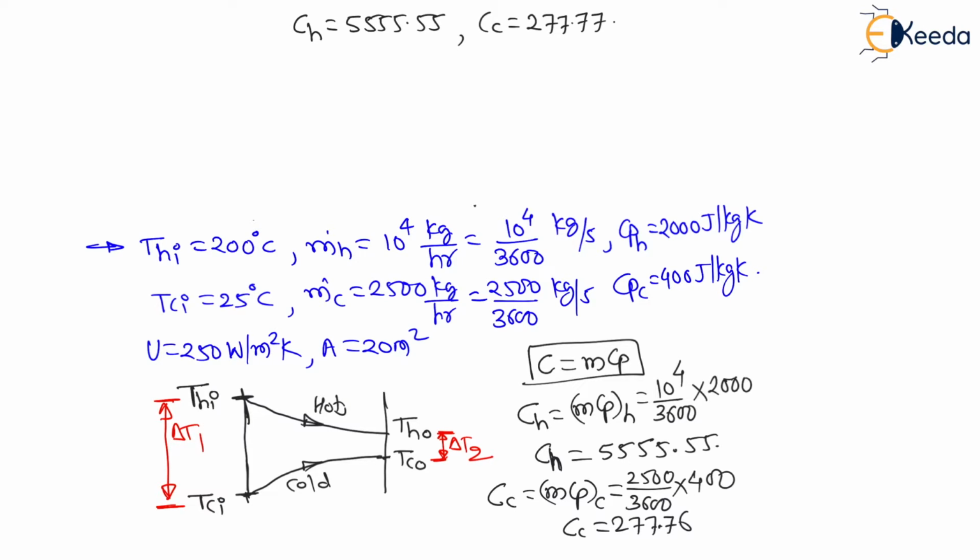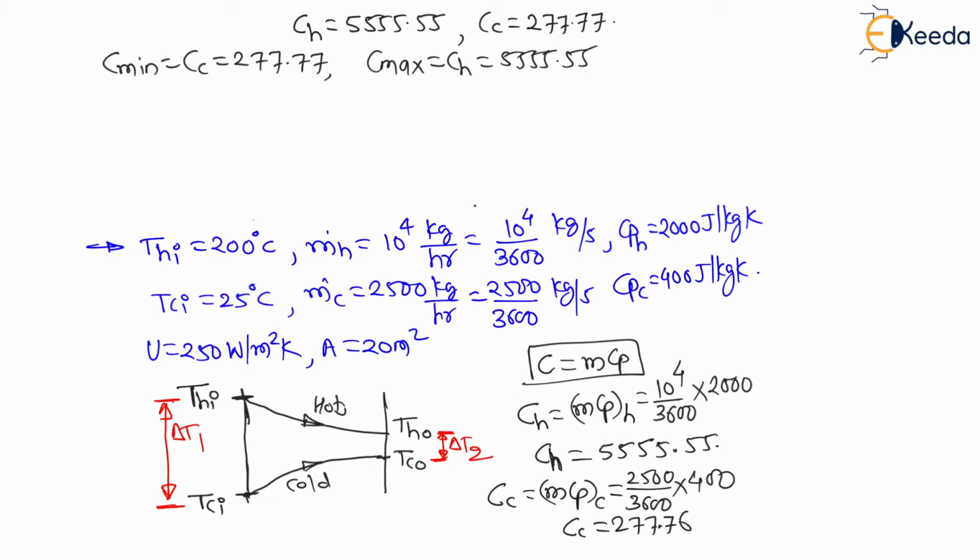So here can I say for this cold fluid C is minimum as compared to hot fluid. Therefore here C minimum will be for C for cold fluid, which is nothing but 277.77, and C maximum will be for C hot fluid, that is 555.55. Now my dear students, this C is nothing but MCP product, right?